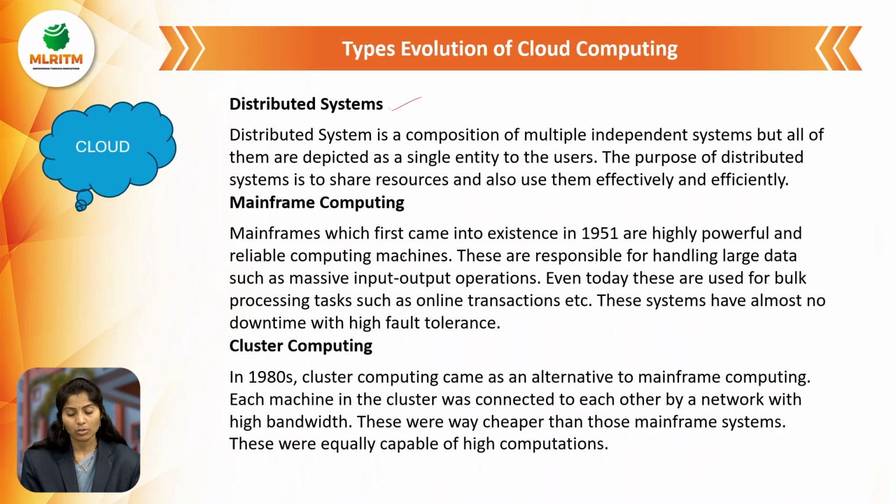A distributed system is a composition of multiple independent systems, but all of them are presented as a single entity to the users. The purpose of a distributed system is to share resources and also use them efficiently and effectively. Mainframe computing. Mainframes, which first came into existence in 1951, are highly powerful and reliable computing machines.